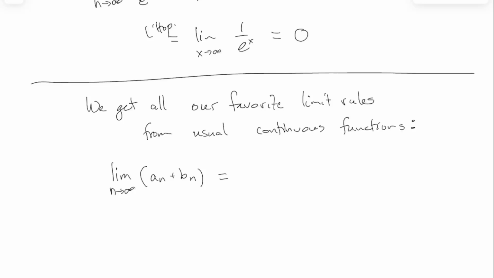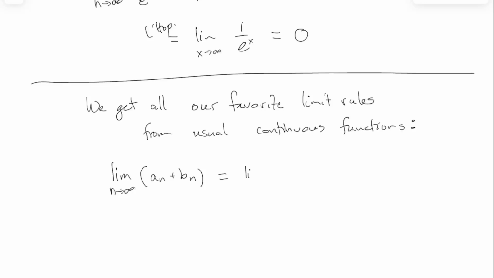Does anyone remember what you get here? This is a rule that I'm sure you all know how to do, and you kind of do it without thinking about it. But what if you have two things added together and you want the limit? You can split it into two limits. Yeah, you can just do the limit of each of the two parts. Like he said, you would split it into two limits.